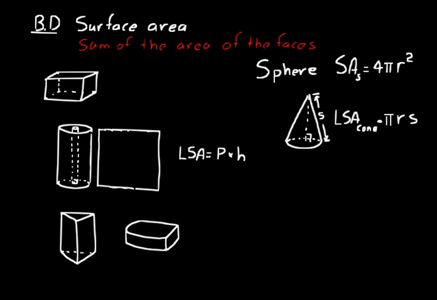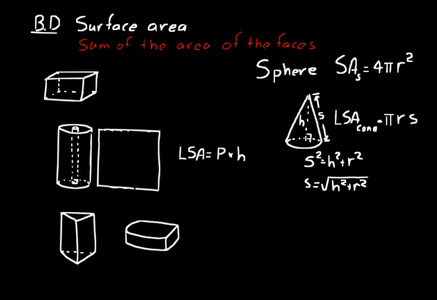If we call the height between the top of the cone and the base H, and the distance of the radius R, we could use the Pythagorean theorem to figure out the length of that side, because that's the hypotenuse of a little triangle, right? S squared is equal to H squared plus R squared, and so S is equal to the square root of H squared plus R squared.